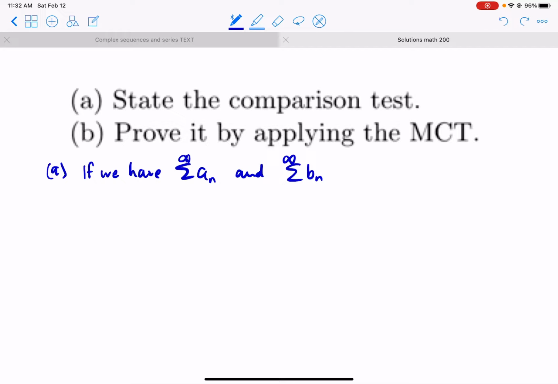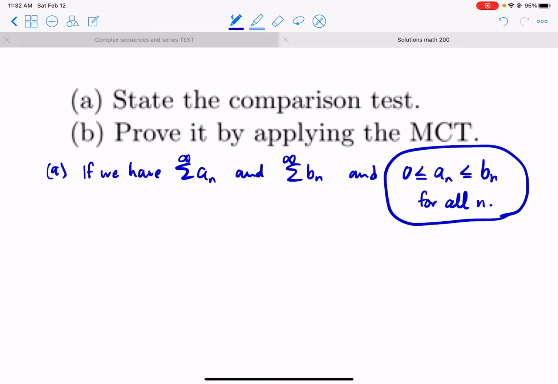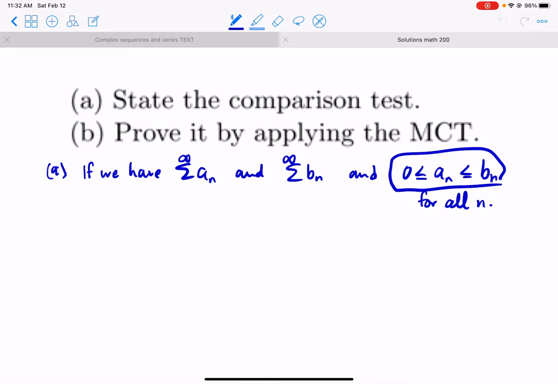Well, if we have these series and they're all non-negative, and a_n is less than or equal to b_n for all n, in other words, each term is bigger than each term here, and they're all non-negative, then what?